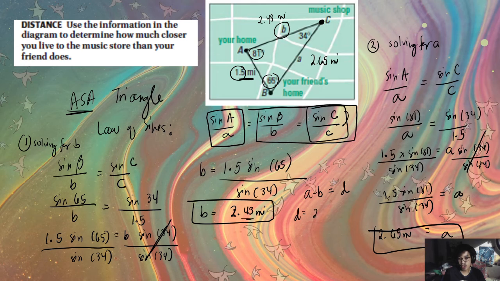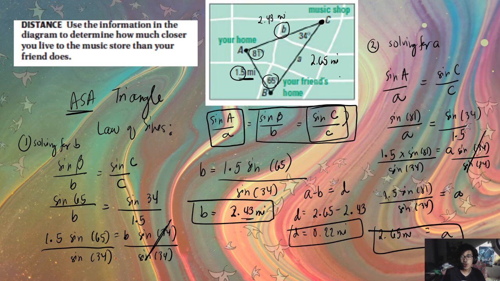The difference is equal to 2.65 minus 2.43, which gives us 0.22 miles. That's around 200 or 300 feet.